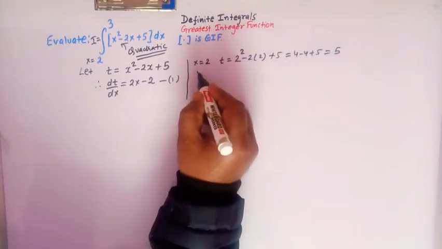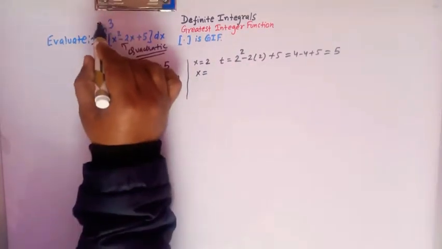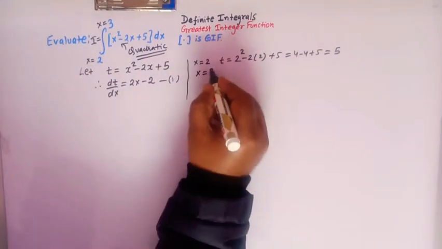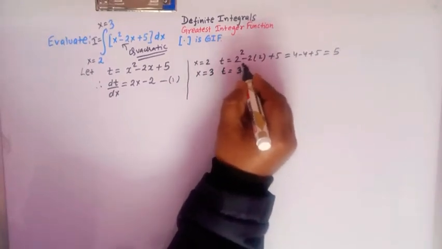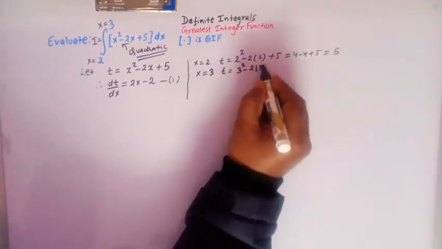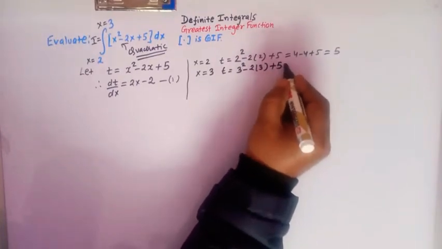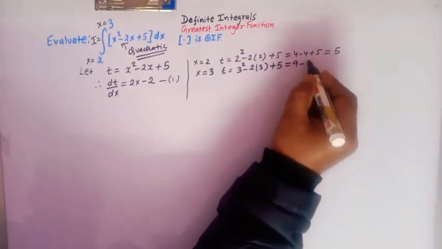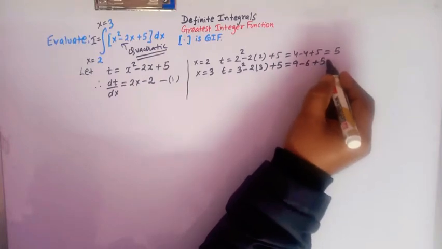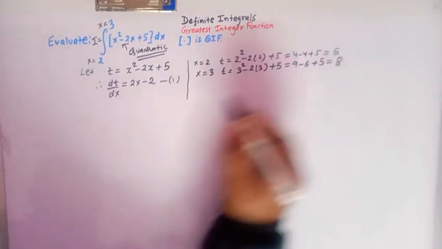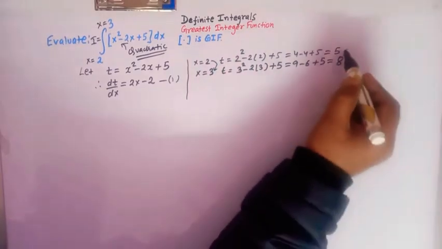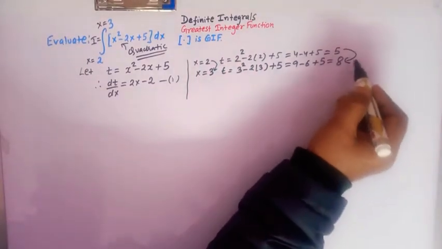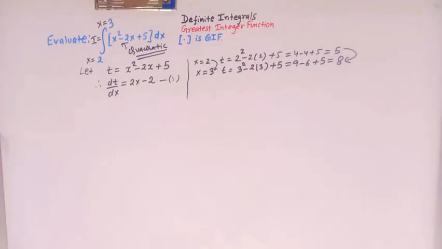And when x is equal to 3, we have t is equal to 3 square minus 2 times 3 plus 5, that is 9 minus 6 plus 5, that is 8. So when x varies from 2 to 3, then t varies from 5 to 8.